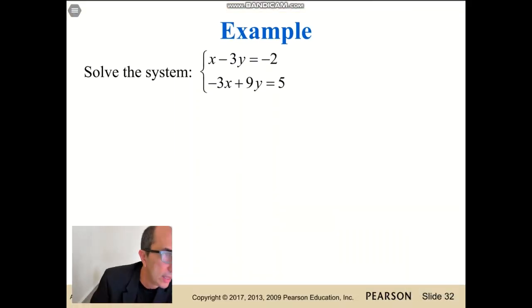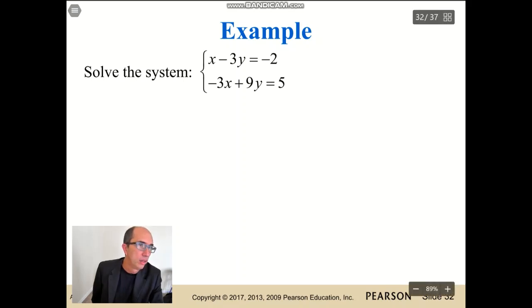Now let's try this different example here. Solve this system: x minus 3y equals -2 and -3x plus 9y equals 5. Let's use elimination.